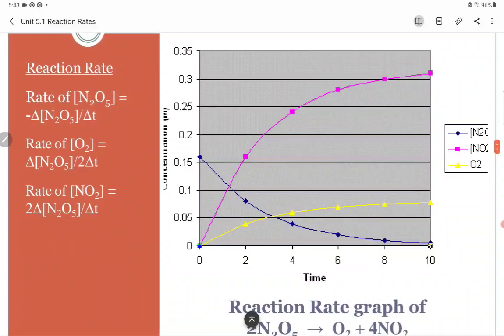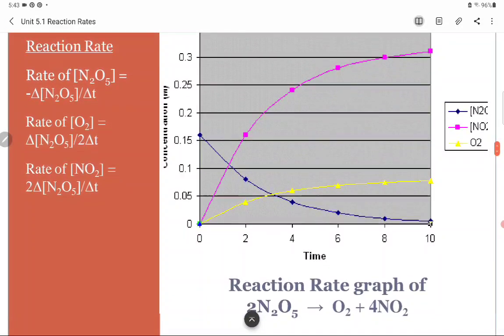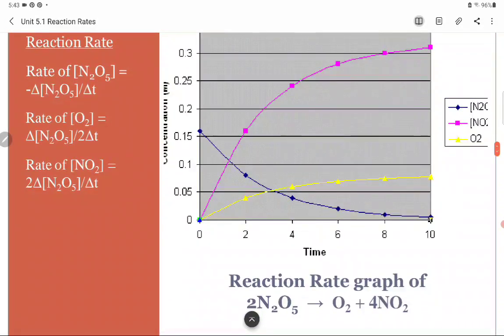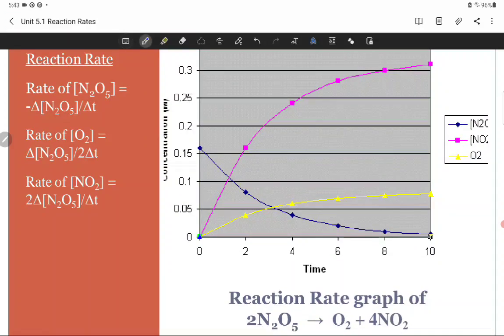Here is a typical graph of a chemical reaction. So this one looks like it's 2N2O5 going to O2 plus 4NO2. And we could look at the graph, but we could also look at the chemical reaction. And by looking at the chemical reaction and the graph, we can kind of piece things together.